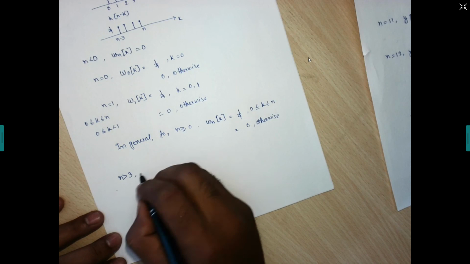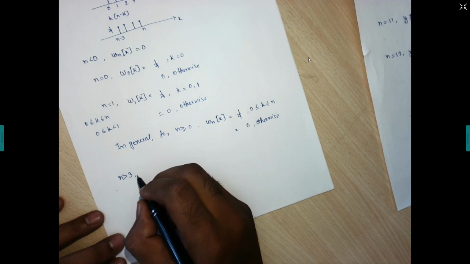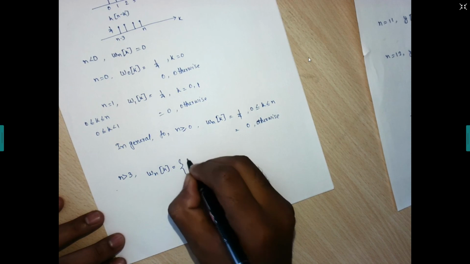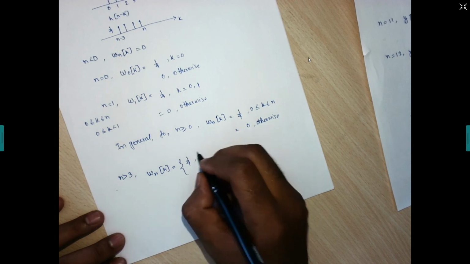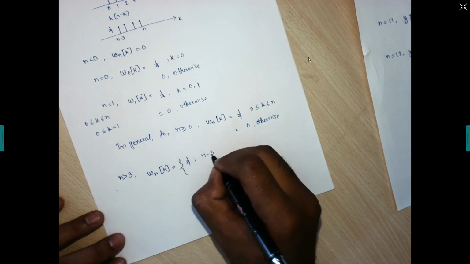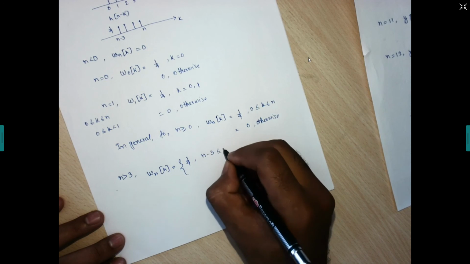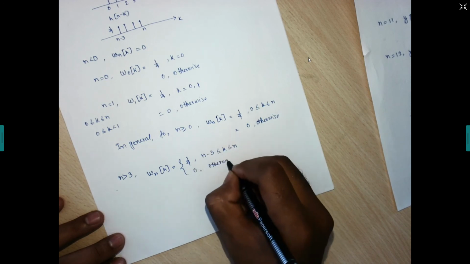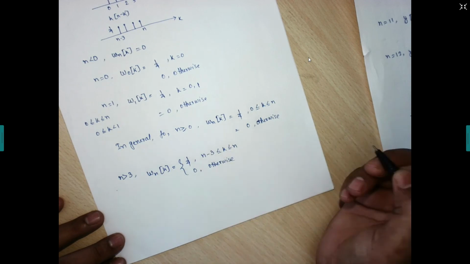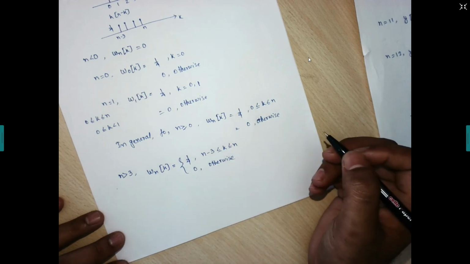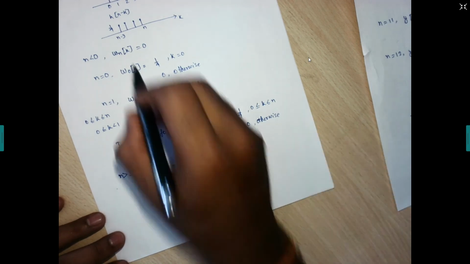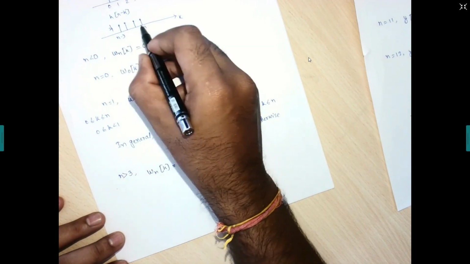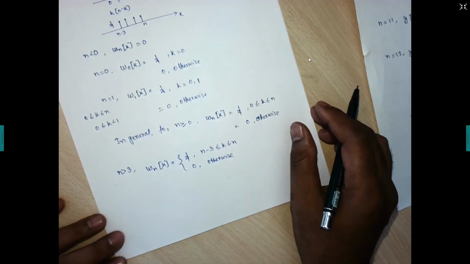So what we can write, for n greater than 3, Wn of k is 1 by 4, starting from n greater than 3 up to n, and 0 otherwise. Just try to understand. For n greater than 3, starting from this sample, all the 4 samples have the interaction with this x of k.